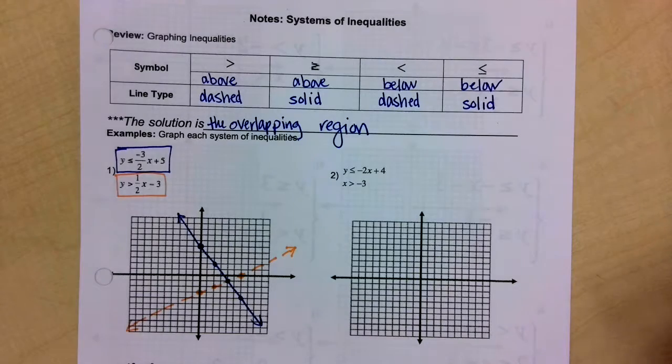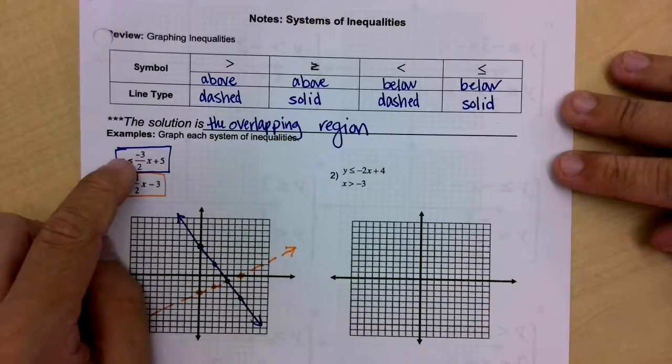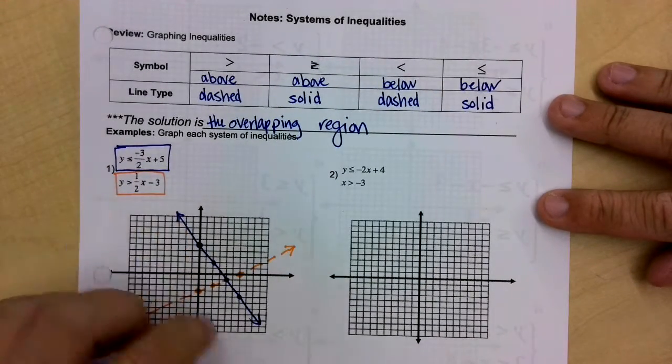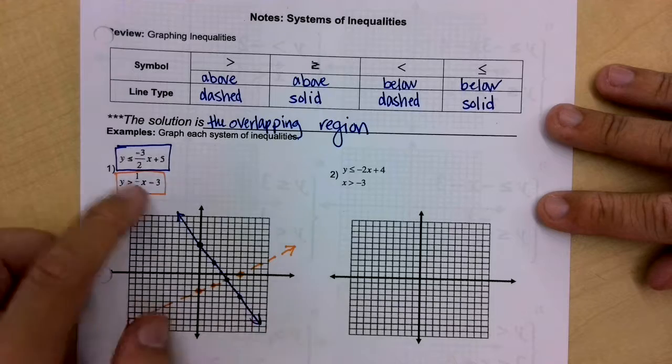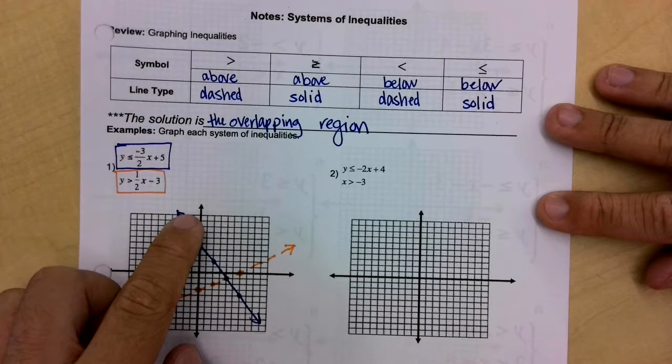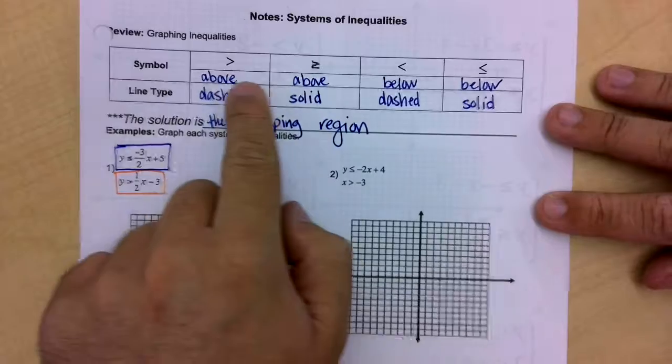And a region means it's going to be a whole entire area. Well, the greater than and less than also tell us more than just what kind of line. It'll tell us whether we want a solid line or a dashed line. That's one thing. But we also know if we want things to be bigger or smaller. That's why we wrote some words like above and below.